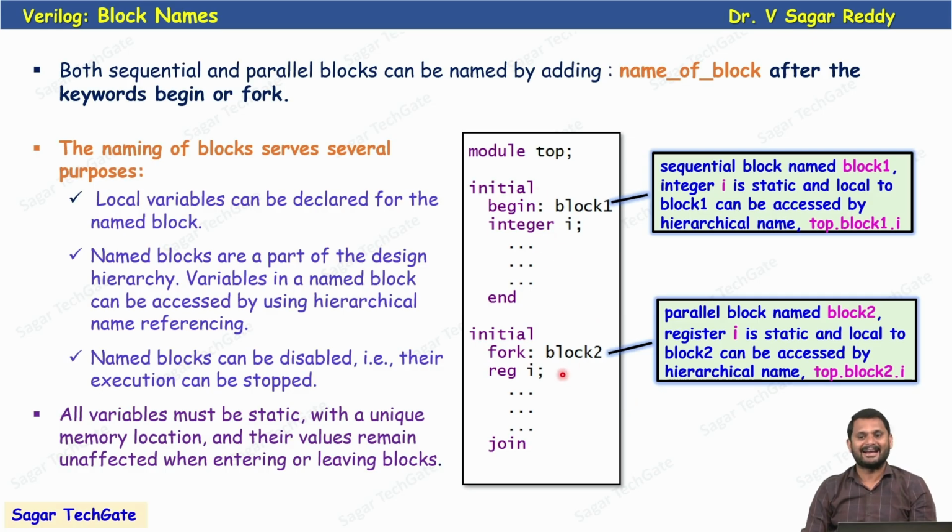Understood? If I want to access this integer I, I use top dot block 1 dot I, whereas if I want to access this reg I, I use top dot block 2 dot I. This is the advantage of using block names.